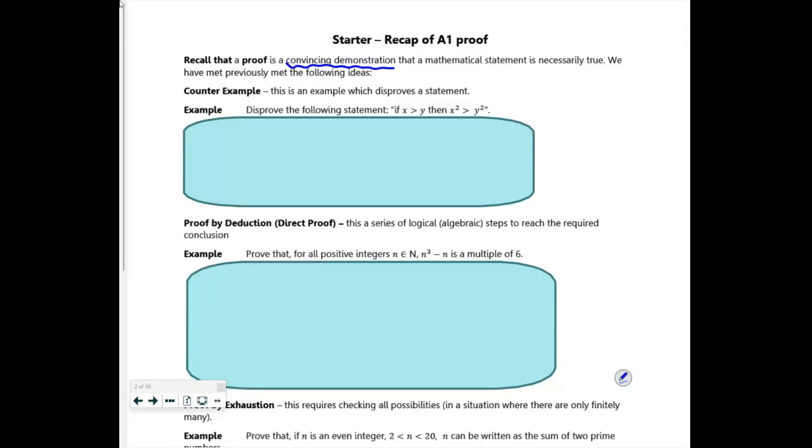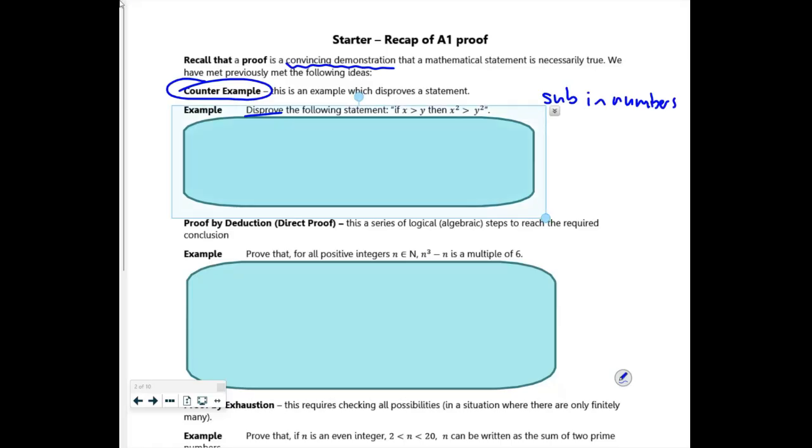Right, so we've got one by counter example. So if x is greater than y, then x squared is greater than y squared. I want to disprove this. Because it's a counter example one, I just want to sub some numbers in. So if you have a go, just sub a few numbers in, see if it works or fails.